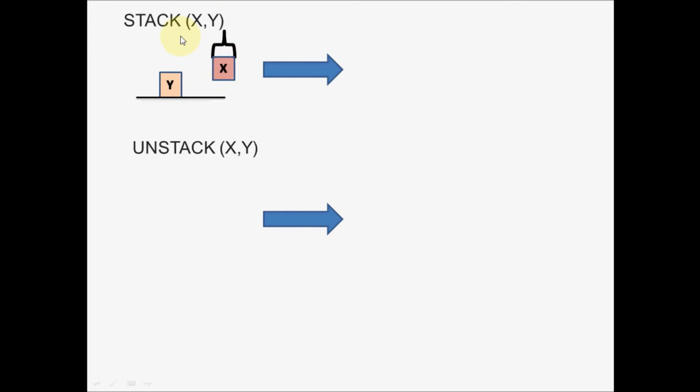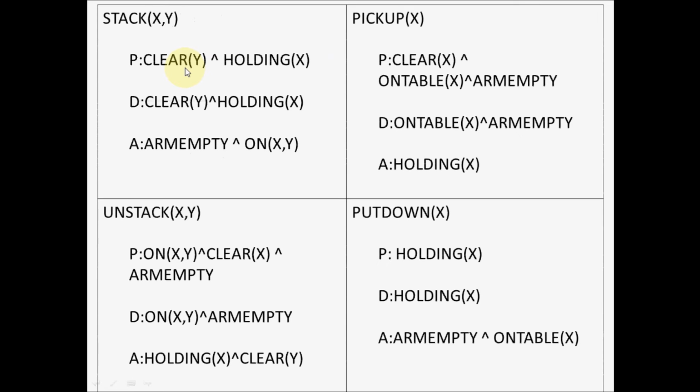For x to be stacked on y, the robotic arm should be holding x, and block y should be clear. There should be nothing on top of it. That's why for stack(x, y), the precondition is that block y should be clear and the robotic arm should be holding x. So this is the precondition list.